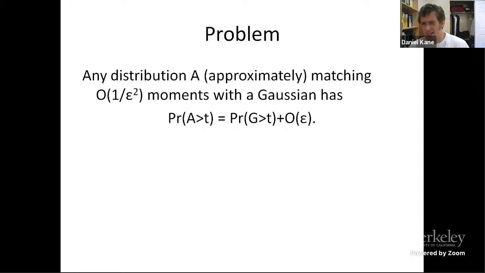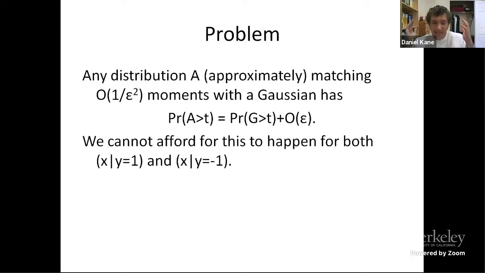Well, unfortunately, that doesn't actually work, because you can show that any distribution A which even approximately matches, say, 1 over epsilon squared moments with a Gaussian has the probability that A is bigger than a threshold T equal to the probability that G, the Gaussian, is bigger than T, plus O of epsilon.